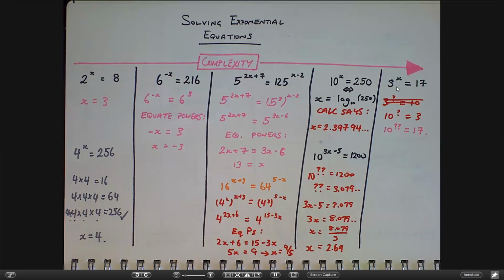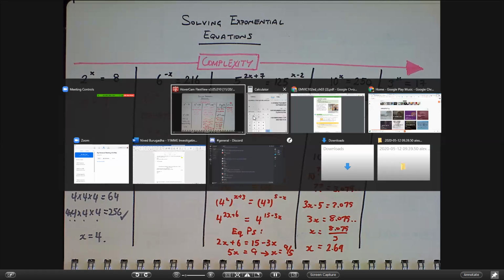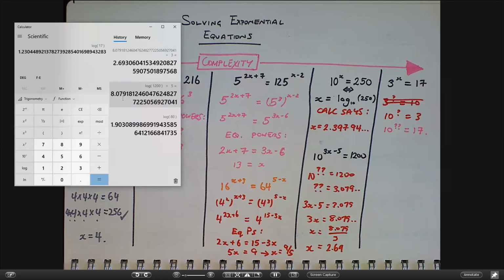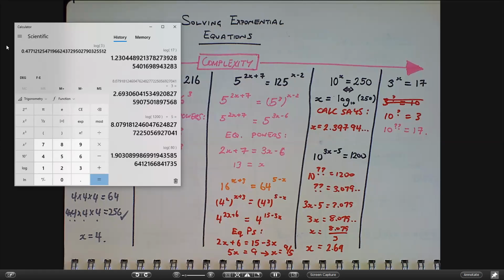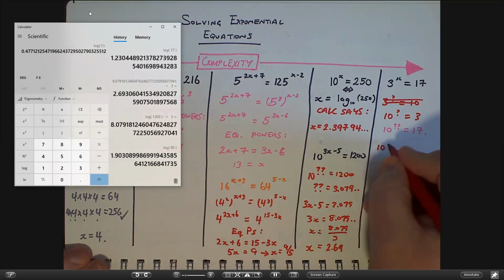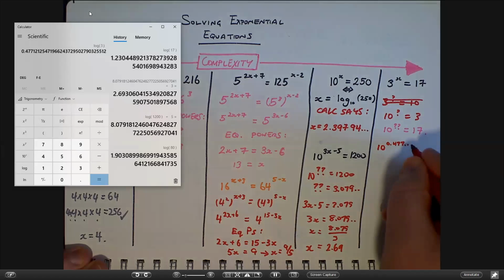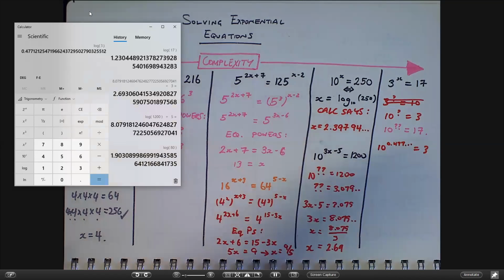Okay, so we're going to rewrite this 3 and this 17 as powers of 10. And how do we solve this problem? Well, we just learned how to do that. So we're going to write question mark is going to be log of 3. That's 0.477. So we can write 10 to the power of 0.477 equals 3.